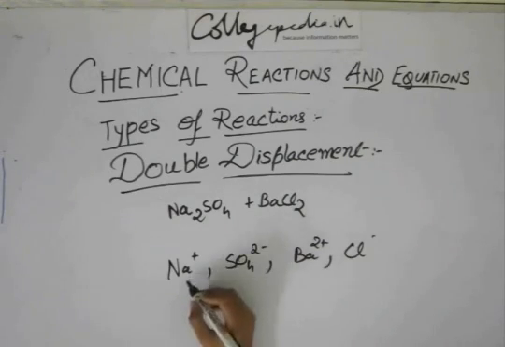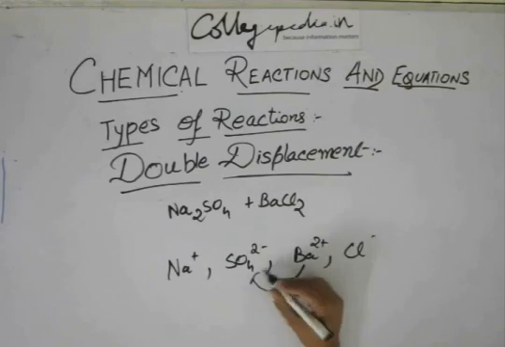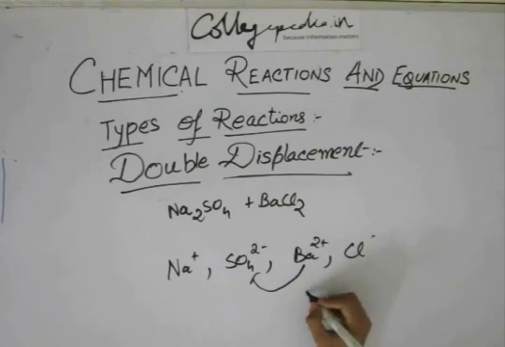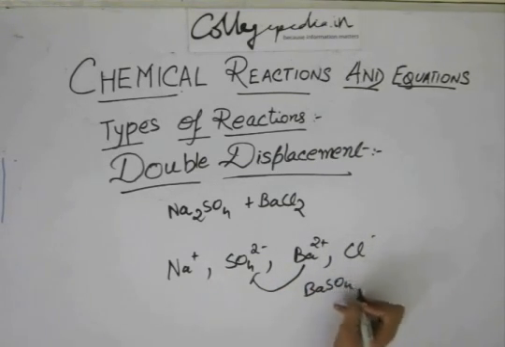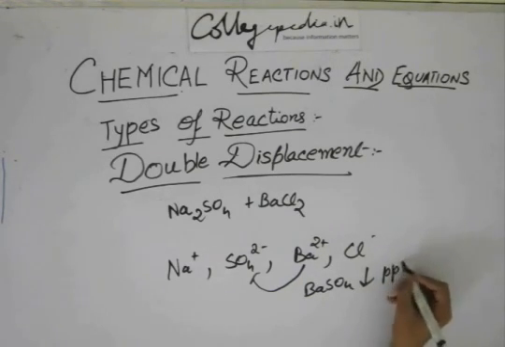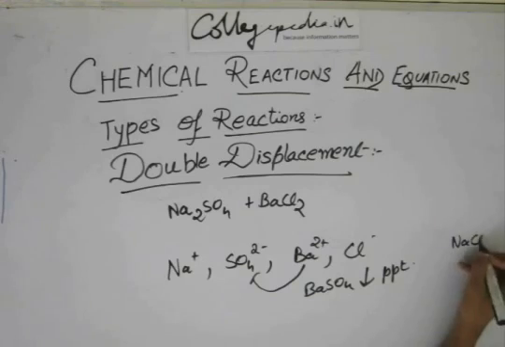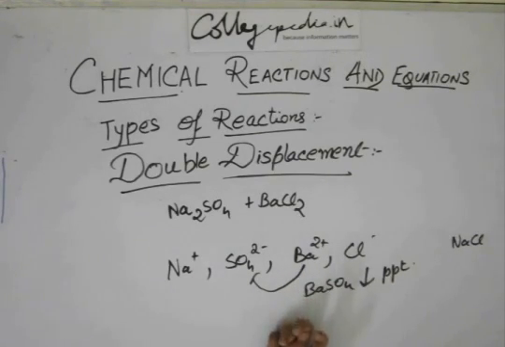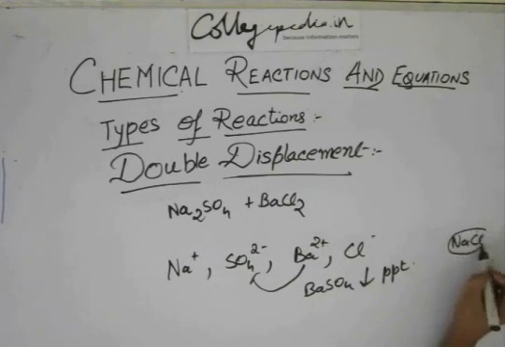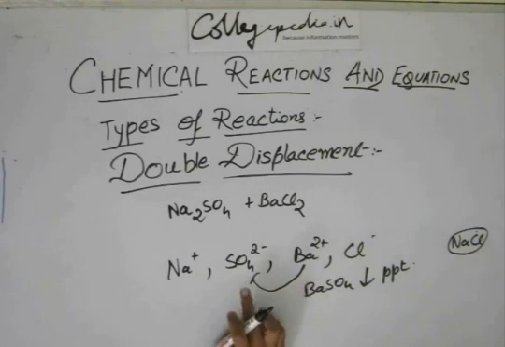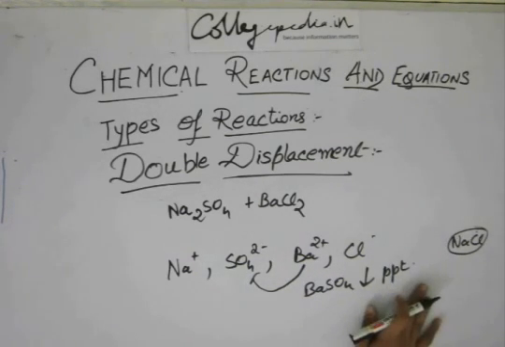So Ba goes and combines with SO4 2 minus and forms BaSO4, which settles down as the precipitate. You write PPT for precipitate. And Na plus and Cl minus, they form NaCl, but actually they just stay in their ionic form because it's just aqueous solution. So they will not form this solid NaCl, they will stay in their ionic form. This BaSO4 will combine and settle down as the PPT.